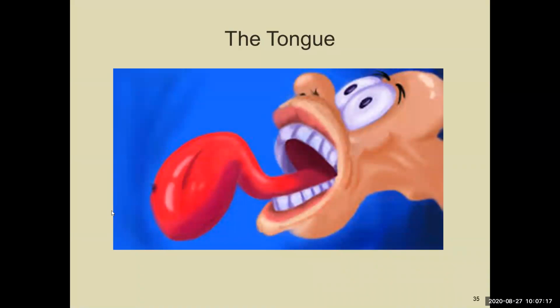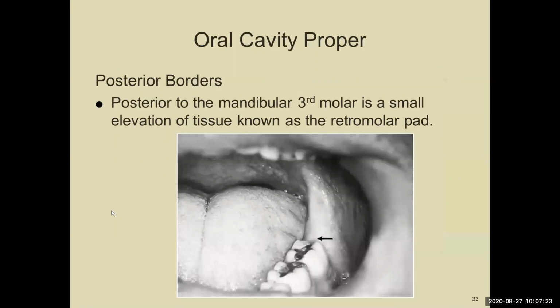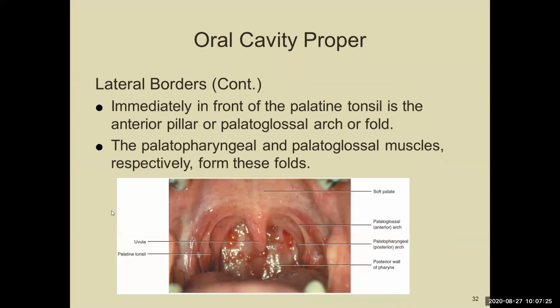I'm sorry. Could you go back to that one picture of the tonsils? I know it points out the tonsil on the left side. Could you also point it out on the right side? We don't see it on the right. Oh, okay.